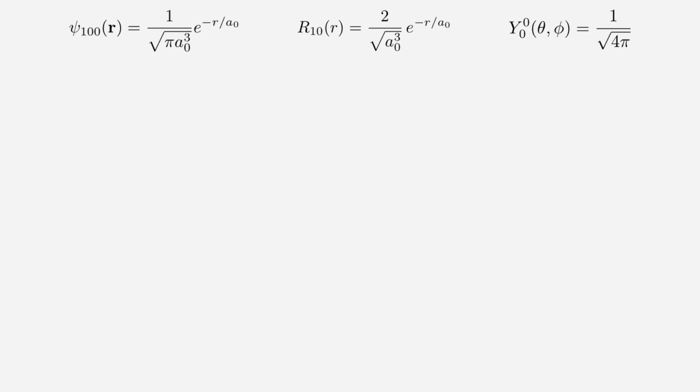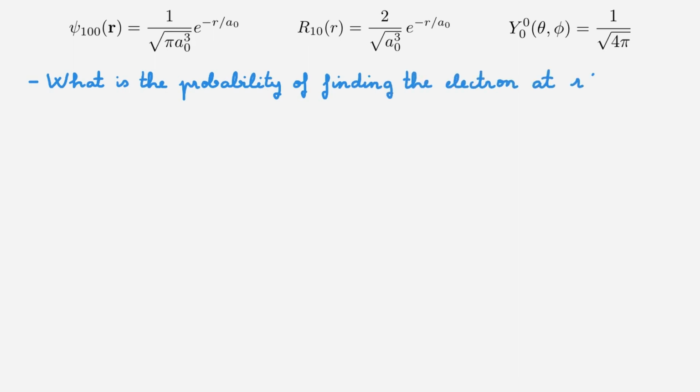So the next question we ask is, what is the probability of finding the electron at a given distance r from the nucleus? And note that here we're talking about the scalar distance r from the nucleus, and not the vector position r that we were discussing in the previous slide. Before we answer this question, we need the same clarification that we had in the previous slide.